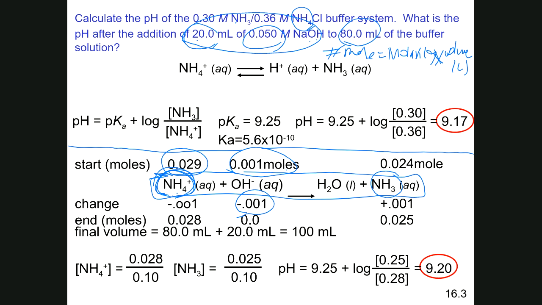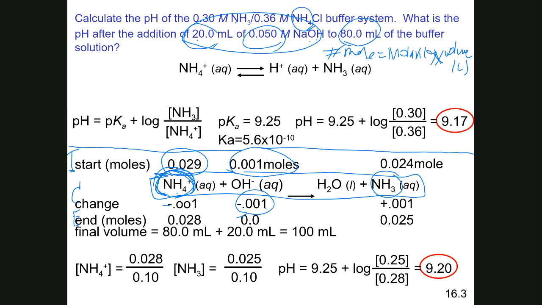So if you add 0.001 mole of the hydroxide, it is going to react with 0.001 mole of the NH4 plus, so that number of moles of NH4 plus is consumed. So this is the ICE table again, or a very similar one: initial, change, and then at the equilibrium, or at the end.